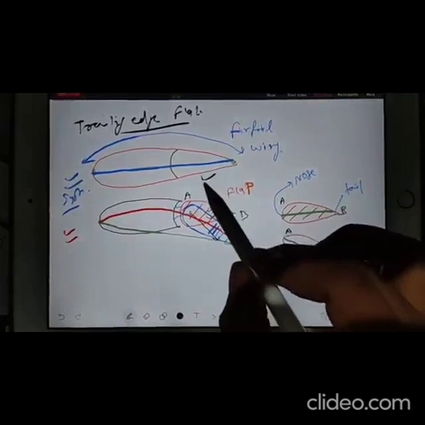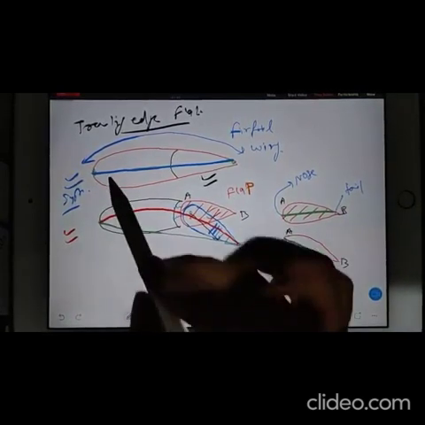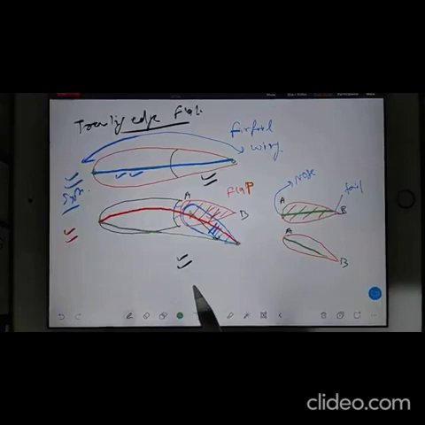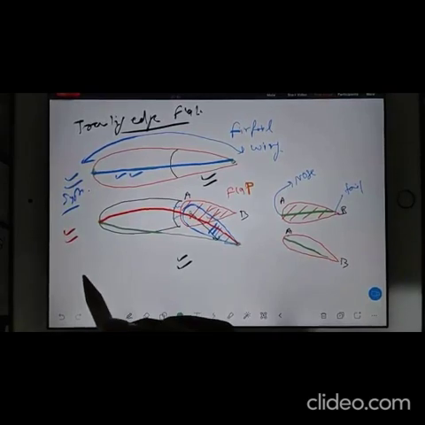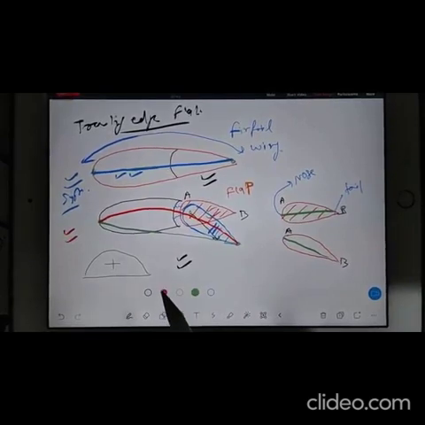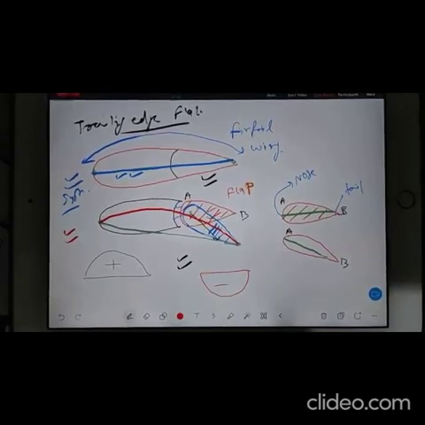So what have you done by deflecting the flap? You have changed the camber of the airfoil. I gave you the basic idea about camber in the beginning classes. When the camber line is above the chord line, it is known as a positively cambered airfoil. And when the camber line is lower than the chord line, it is known as a negatively cambered airfoil.